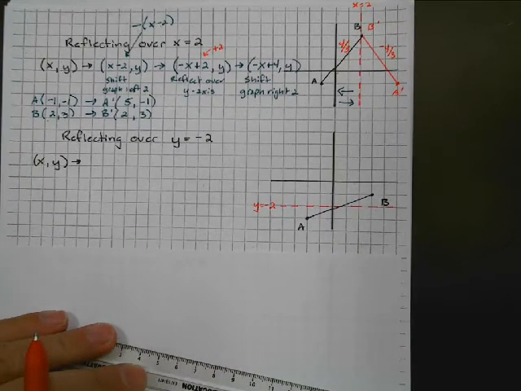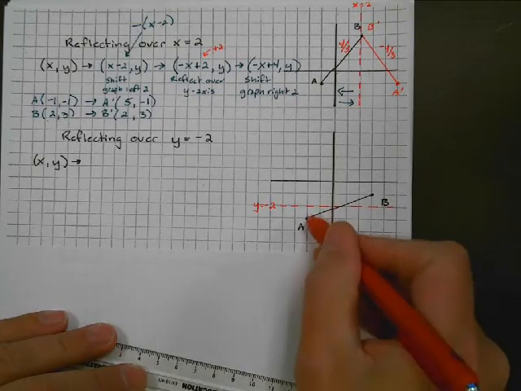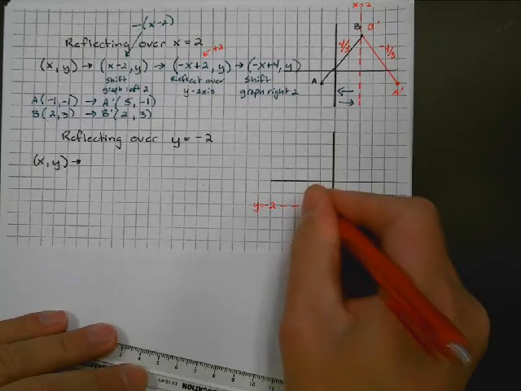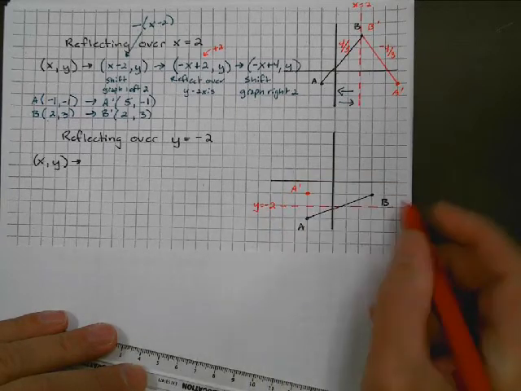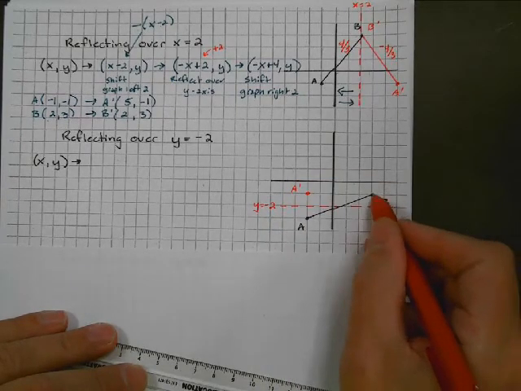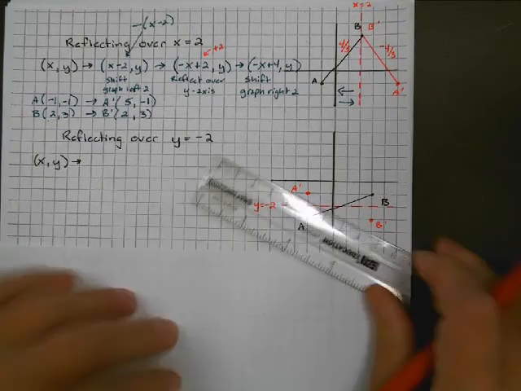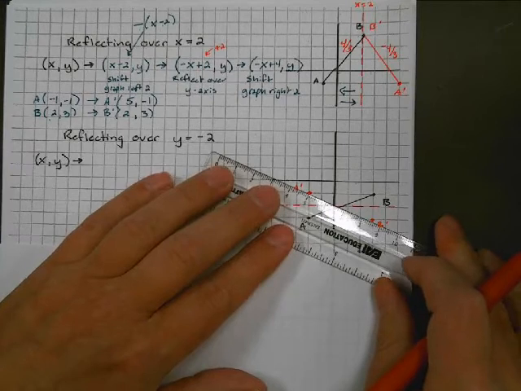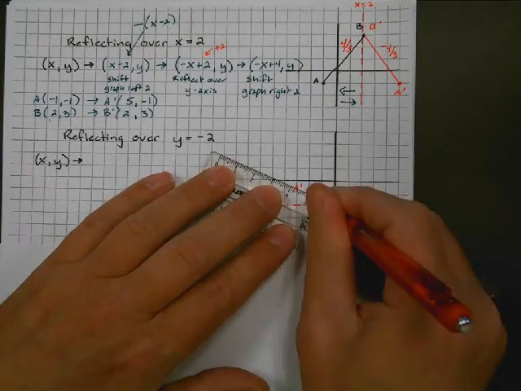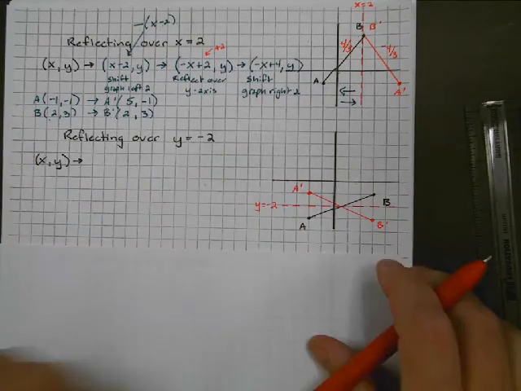So I want to reflect over that line. Well, A is 1 unit away, so A prime would show up here 1 unit away. B is 1 unit above that line, so B prime should show up 1 unit below the line. And there's our new shape. And by the way, the slopes are going to be opposites on this one.